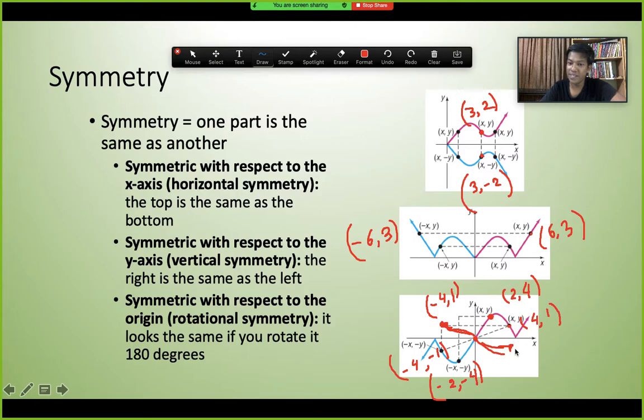Now what about these then? This is one value positive, one value negative. This is negative and this is positive. So what will we do for the reflection about the origin here? We will have to change the sign of both numbers. This is minus 4, so it will become plus 4. This is plus 1, so it will become minus 1.